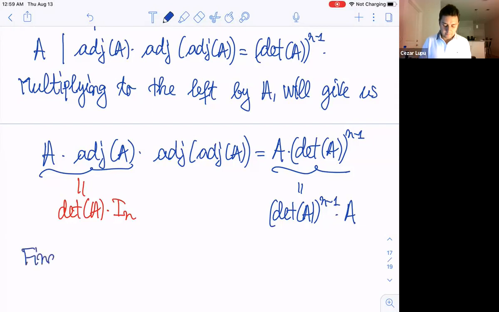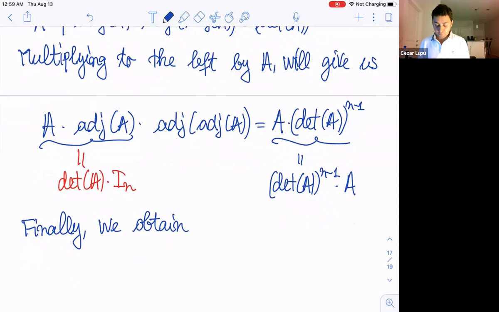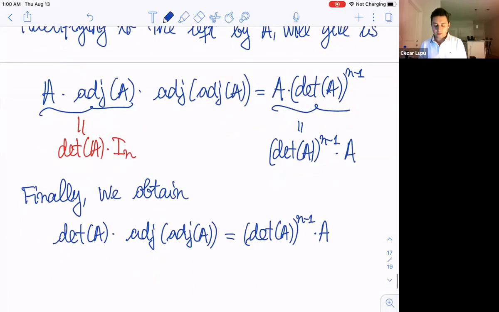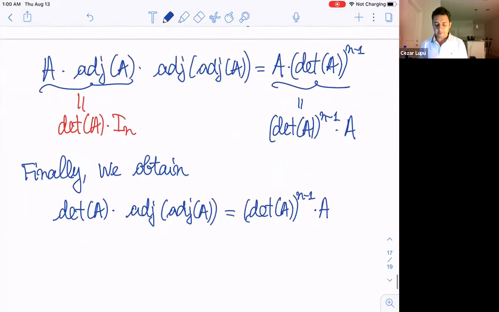Finally, what do we obtain? The determinant of A times the identity times the adjugate, which is just the adjugate of A times the determinant of A, equals the determinant of A to the power n minus 1 times A. And now I'm going to divide by the determinant of A, since it's different than 0.